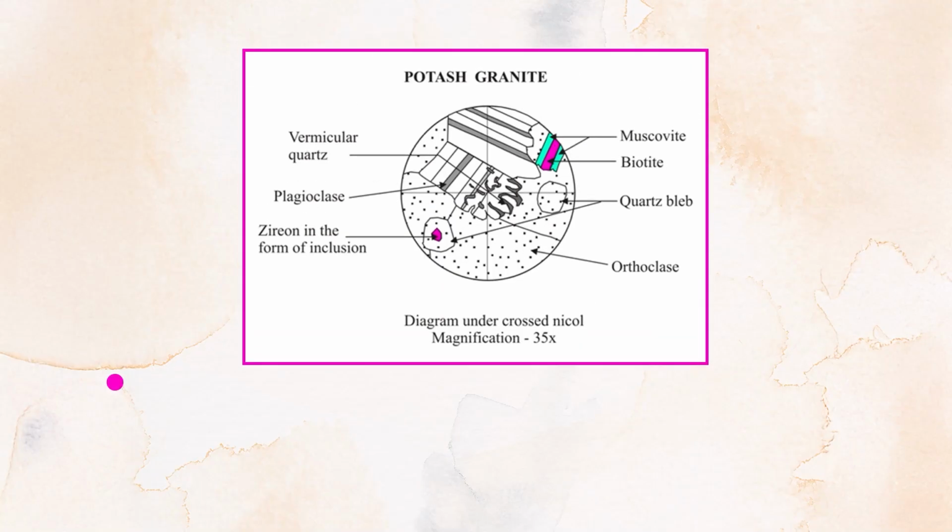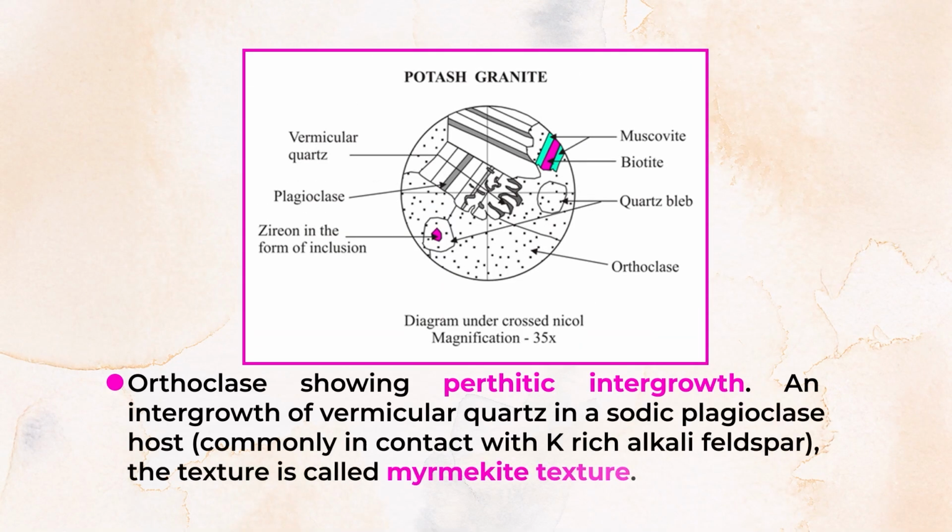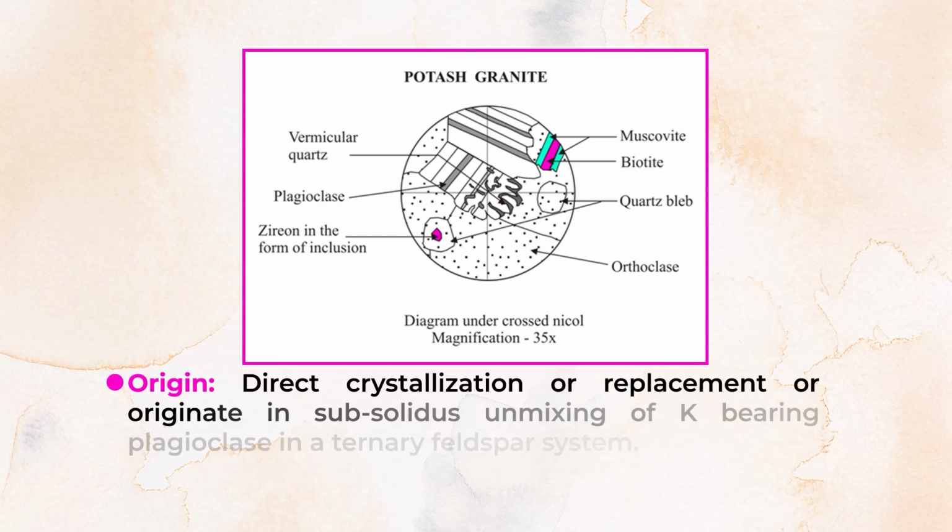Now I am citing an example of potash granite. In this case, orthoclase shows perthitic intergrowth. You can see the vermicular quartz blebs that have grown and formed an intergrowth of vermicular quartz in a sodic plagioclase host, commonly in contact with K-rich alkali feldspar. The texture is called myrmekitic texture. What is the origin of this myrmekitic texture?